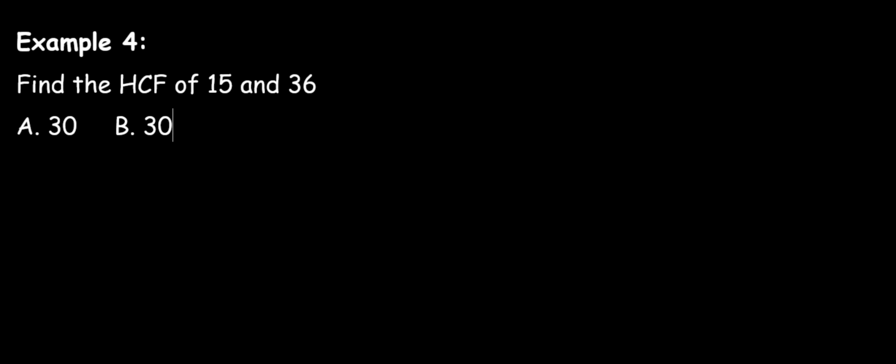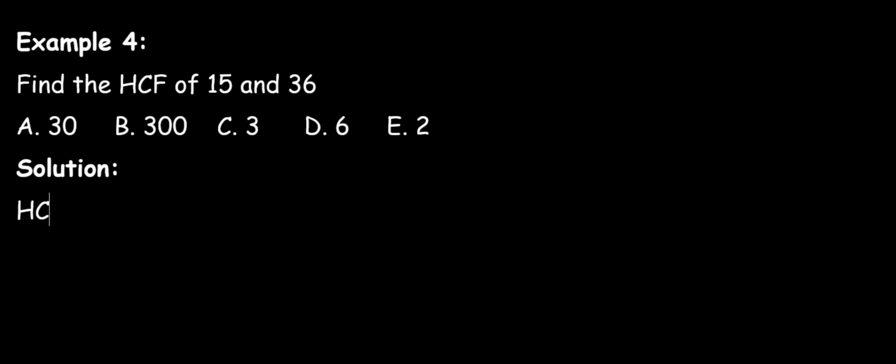Options: A, 30; B, 300; C, 3; D, 6; E, 2. Solution. HCF of 15 and 36. Let's rule our line and input the values 15 and 36. This is HCF, so we don't just rush into picking factors.